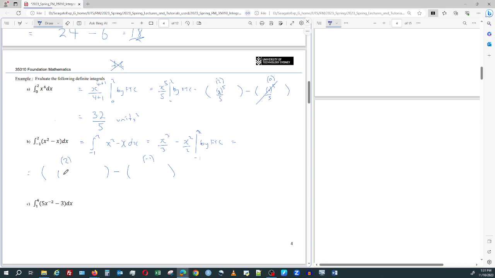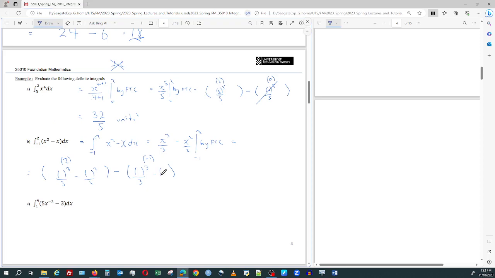So we can set that up as a cube divided by 3 and a square divided by 2, and we will repeat that because this is our a and b for the same function itself.